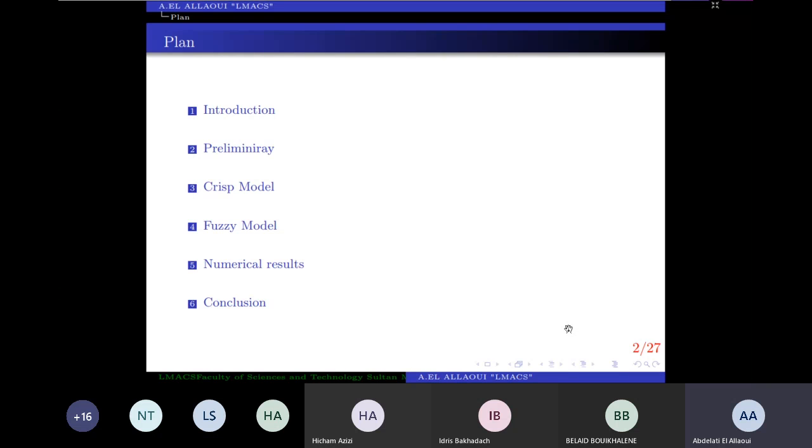My presentation is organized as follows. I will start with an introduction, then we'll recall some basic tools used to build our results in a preliminary section. Then we will move on to the crisp model and the fuzzy model. Section 5 is about numerical results. Then we'll finish with a conclusion.